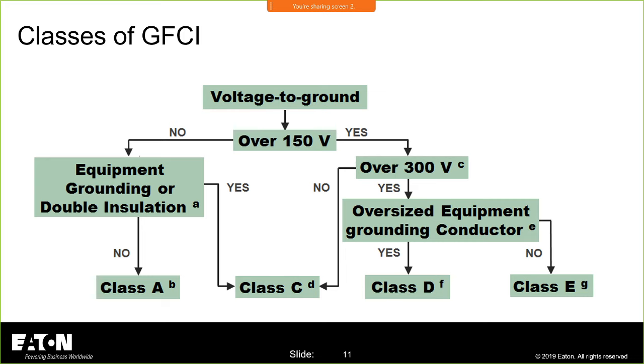What this shows you is that the topic of double insulating a device is important, because if I take a product and provide double insulation to it, that helps reduce the likelihood of coming into contact with something energized, then I'm into a Class C type of device, which has different trip levels.